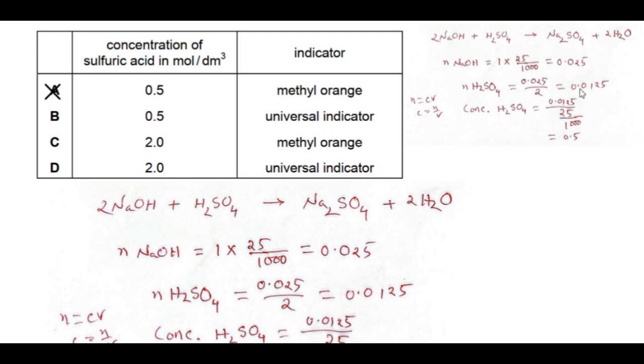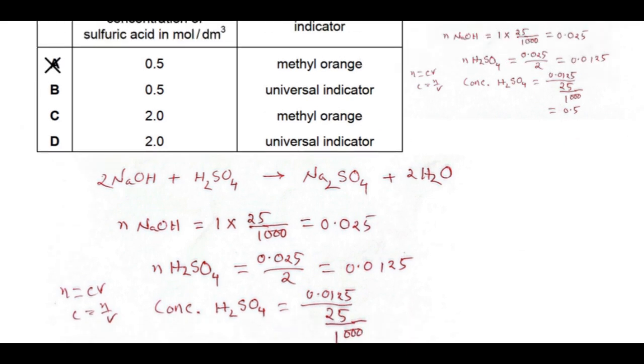Now you know number of moles equals concentration times volume. So concentration of sulfuric acid is number of moles divided by volume. Volume is 25 cm³, so you need to convert it to dm³ by dividing by 1000. So 0.5 mole per dm³ is the concentration of sulfuric acid.